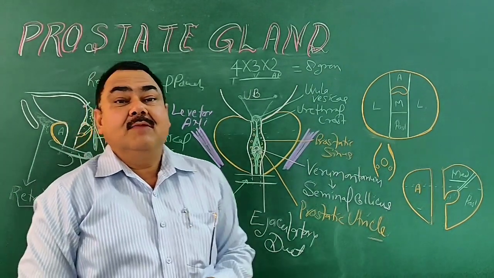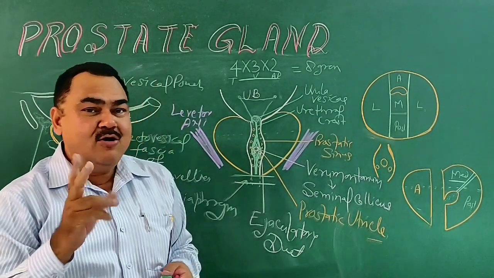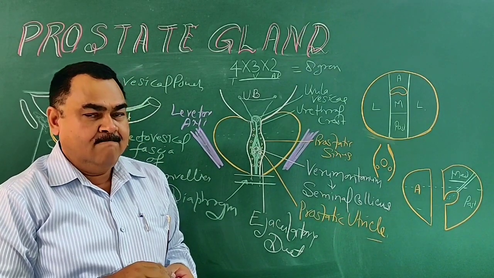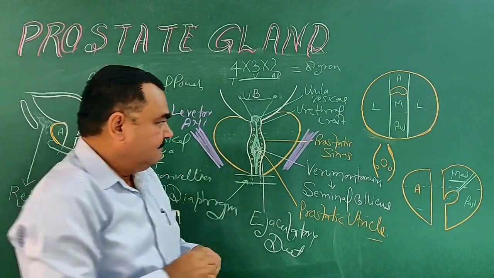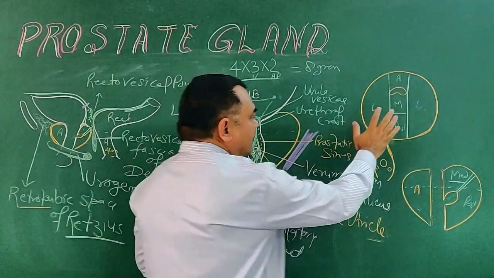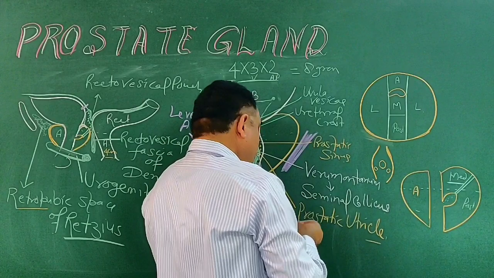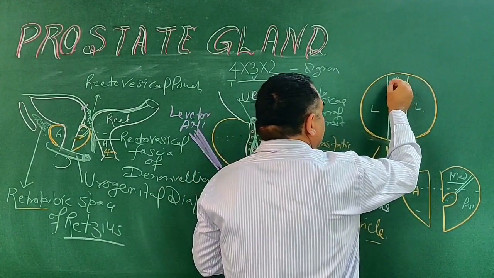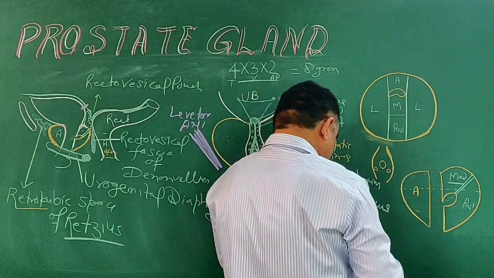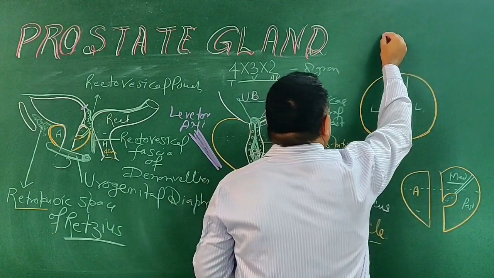And by development, it can be divided into 2 zones, inner zone and outer zone. If you see this part, the inner zone, you can see in another diagram.